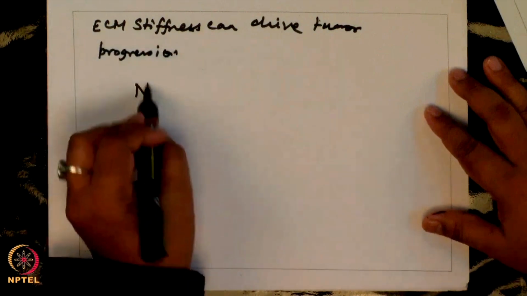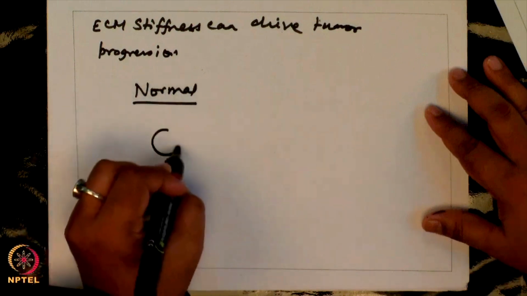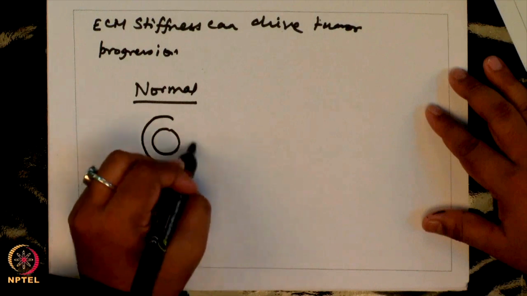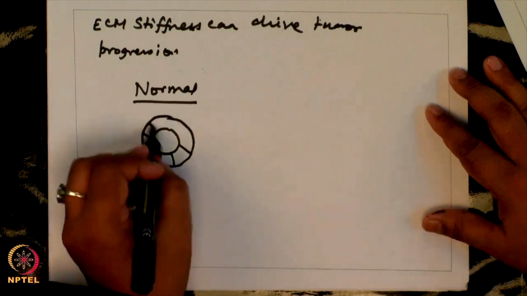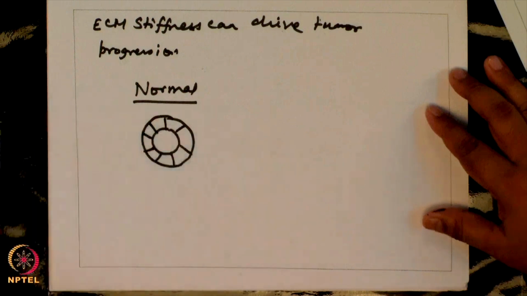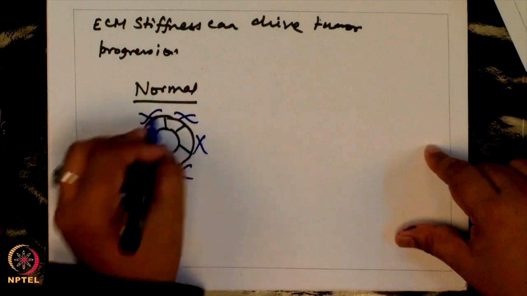So in case of normal, you have well defined acini structures surrounded by this ECM, which is relaxed.